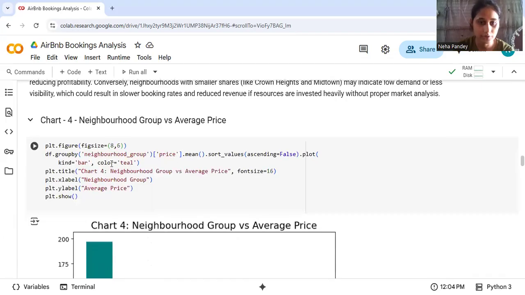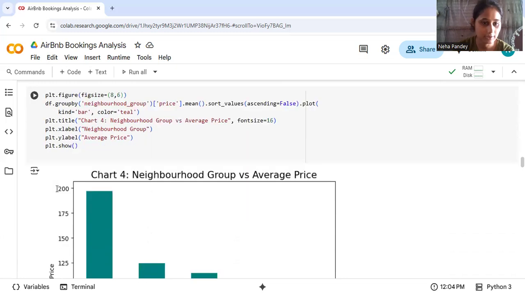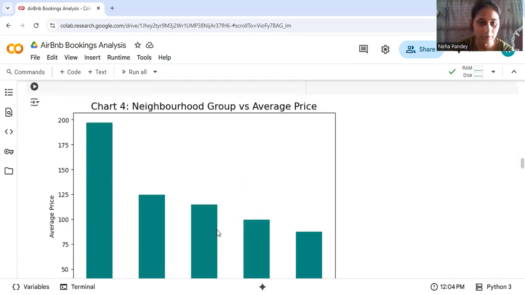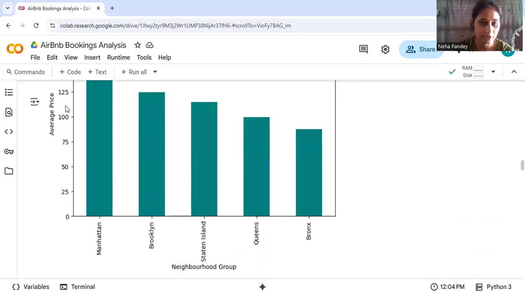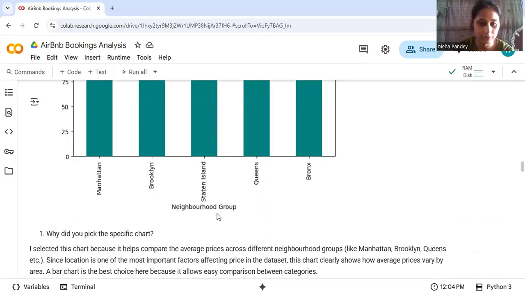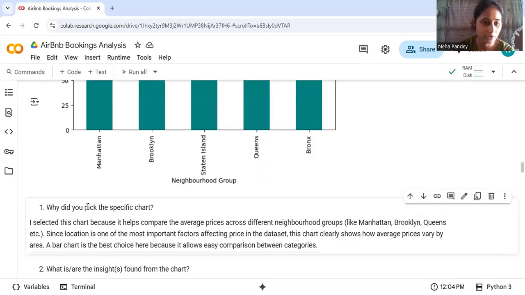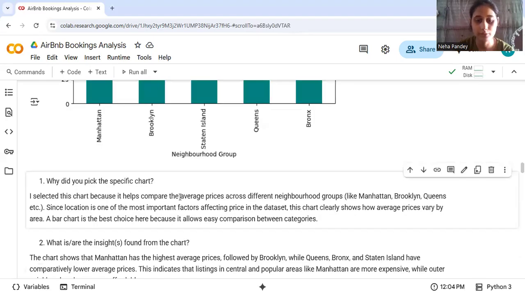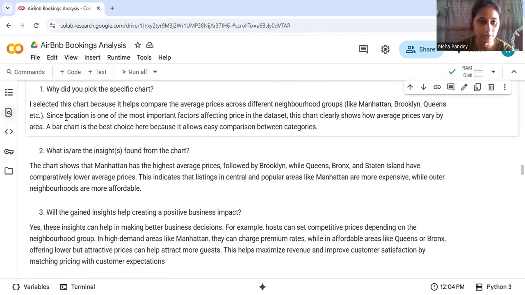Then neighborhood group versus average price. This is the syntax for this chart. This is price and this is neighborhood groups. I selected this chart because it compares the average price across different neighborhood groups like Manhattan, Brooklyn, Queens, etc., since location is one of the most important factors affecting price in the dataset.